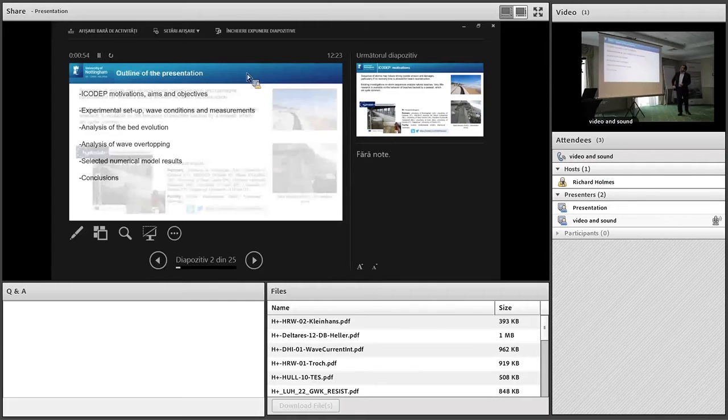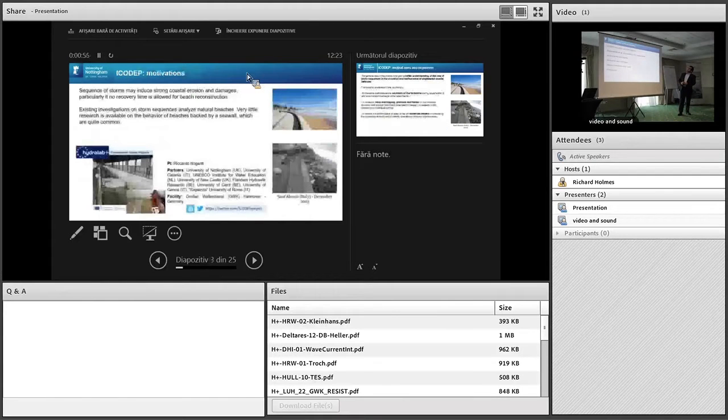What the presentation is about: we talk about the evaluations of the project, look at the experimental setup, first we analyze the data evolution, and then we will talk about the two main objectives of the project. We look at some of the numerical models as part of the third objective.